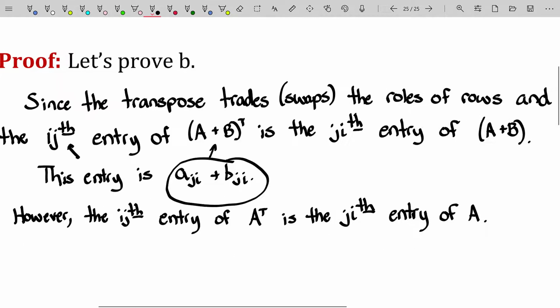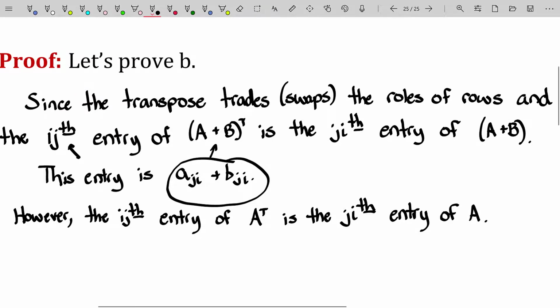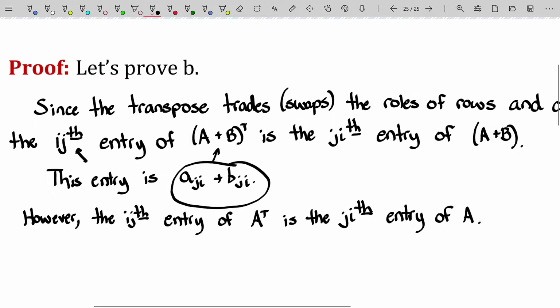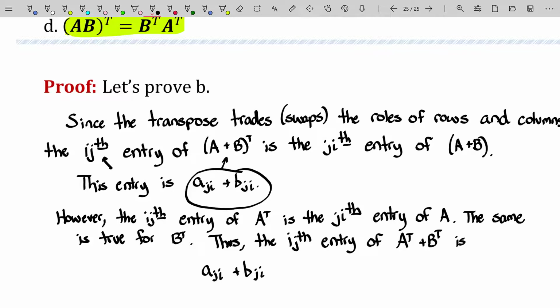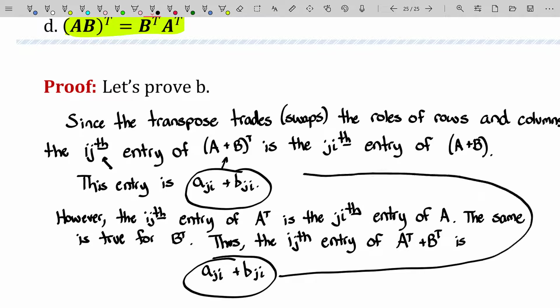However, the ijth entry of A transpose likewise is the jith entry of A. And the same can be said for B transpose, by the way. When I say the same is true for B transpose, I mean the ijth element or entry of B transpose is the jith entry of B. Thus, the ijth entry of A transpose plus B transpose is A sub ji plus B sub ji, which is exactly the same as the ijth entry of (A plus B) transpose.